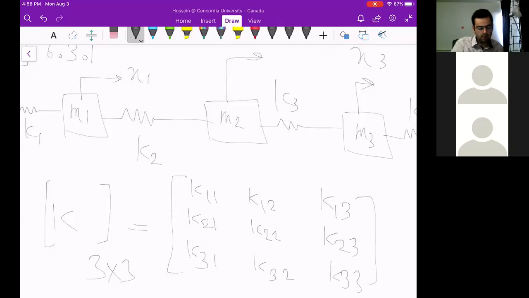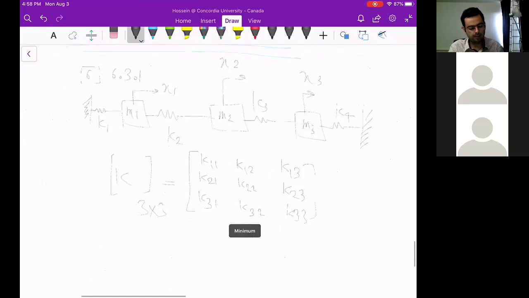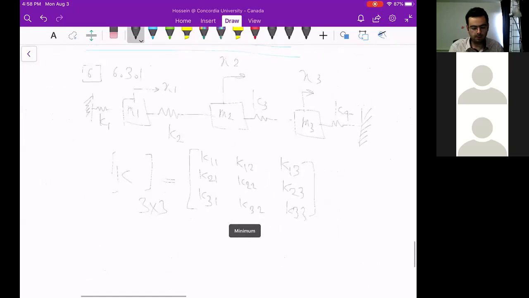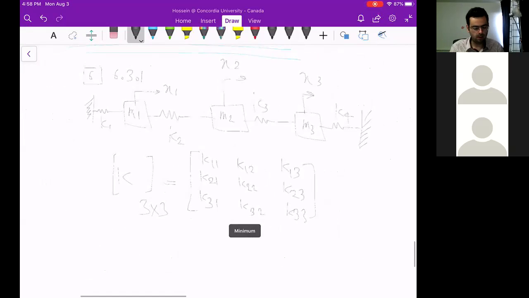So a similar approach can be applied to obtain the stiffness matrix without any calculation, without using second Newton's law or anything else. You can easily fill out the stiffness matrix by just merely taking a look at the problem.